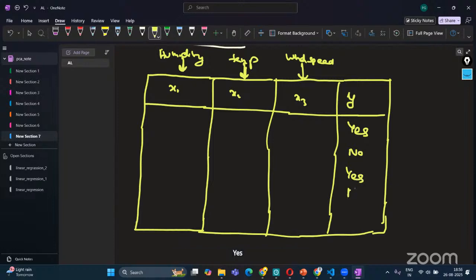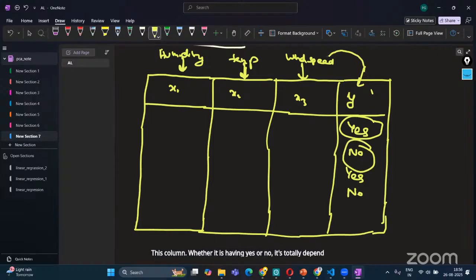Yes or no. So if you think carefully, this column, whether it is having yes or no, totally depends upon these columns: humidity, temperature, and wind speed. If the humidity is more, wind speed is more, temperature is less or moderate, we can have rain. If the humidity is very less, temperature is very high, wind speed is very low, we don't have rain.